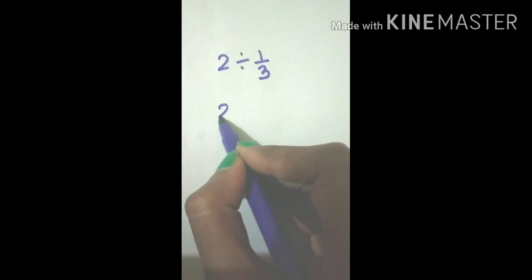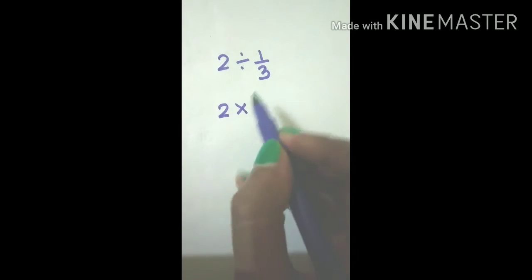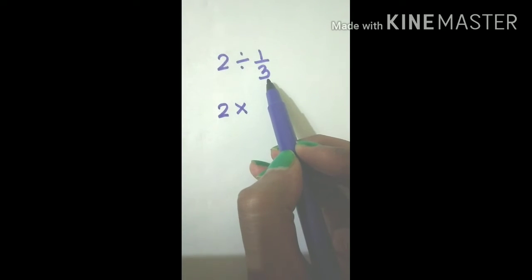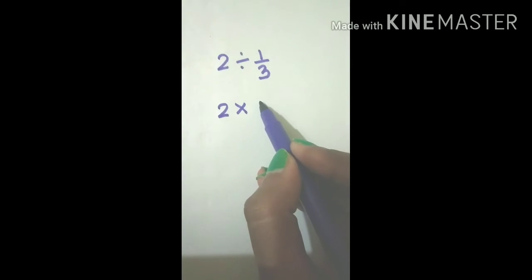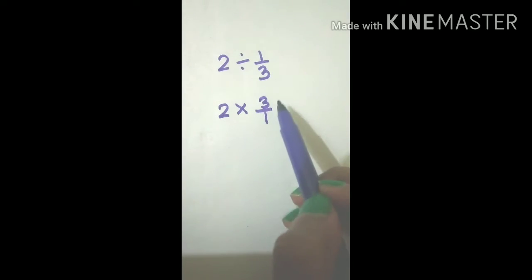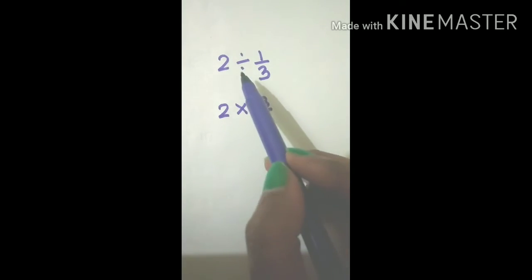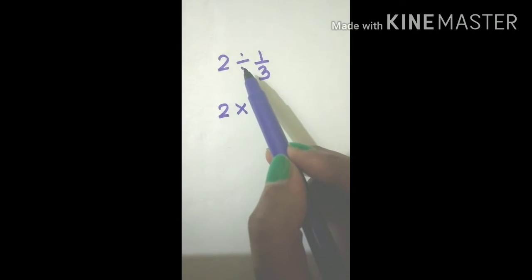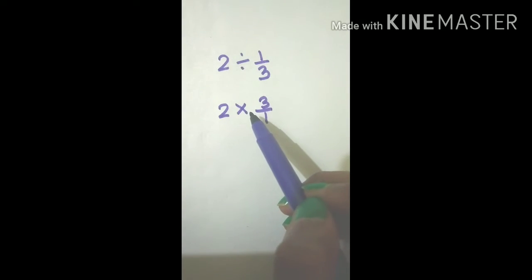So when we change this divide into multiply, we have to change this fraction into 3 by 1. 1 by 3 will become 3 by 1 because we have changed this division sign into multiplication sign.